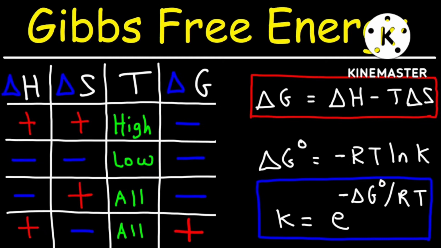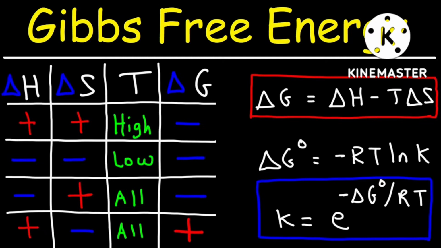Here always keep in mind free energy, that is delta G, is equal to delta H minus T into delta S. Or you can understand free energy is actually the energy difference between H and TS, because S is dependent on temperature.